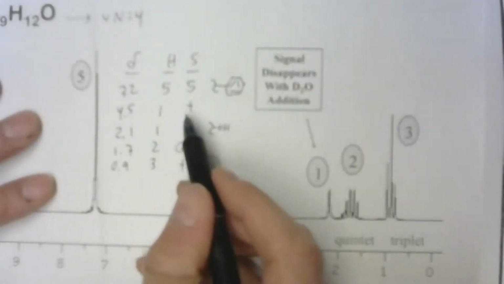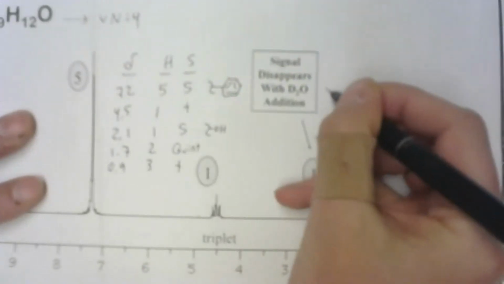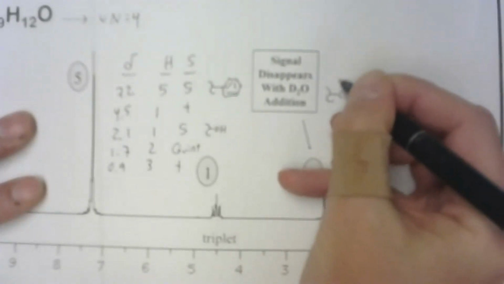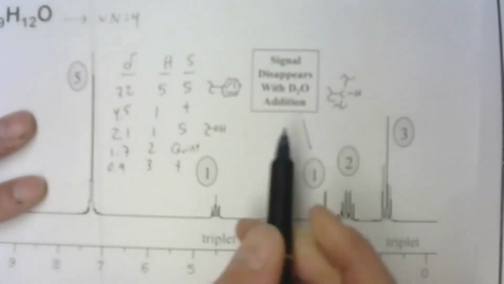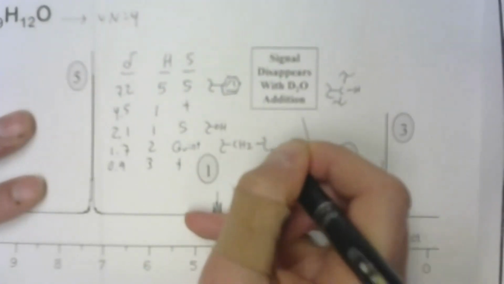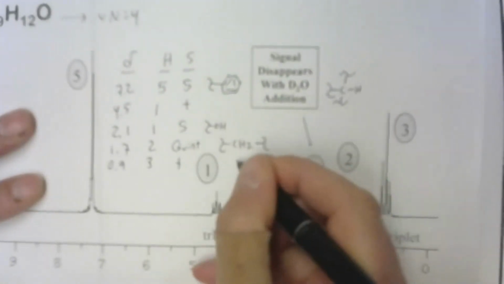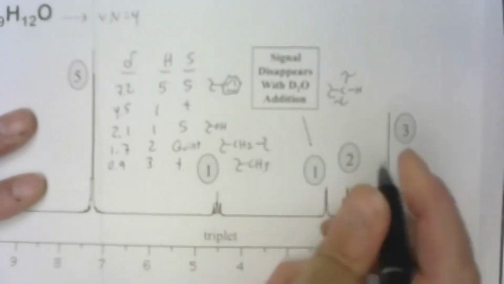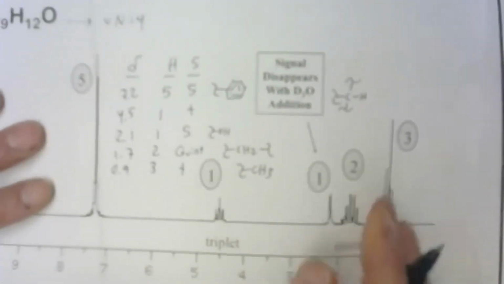I'm going to draw, just because I'm out of space, I'm going to draw it over here. This 4.5, I'm going to draw a CH over here. Okay, and then we have the OH, and then this is, just looking at integration, obviously a CH2. Oh, CH3.